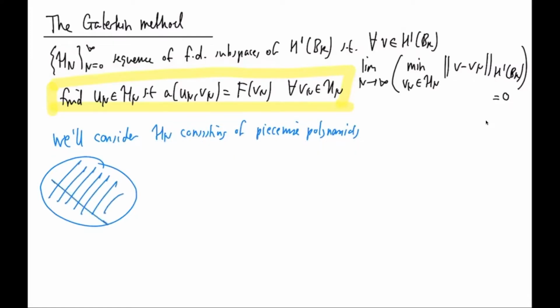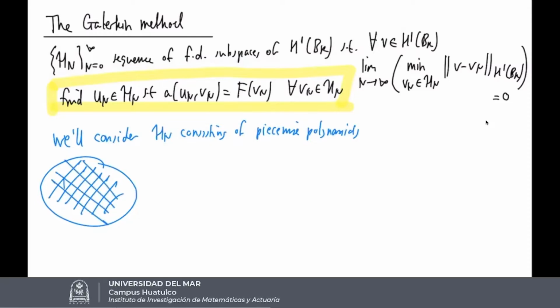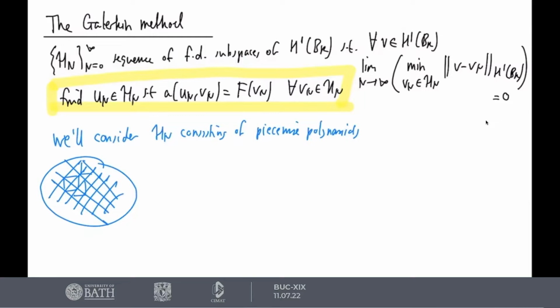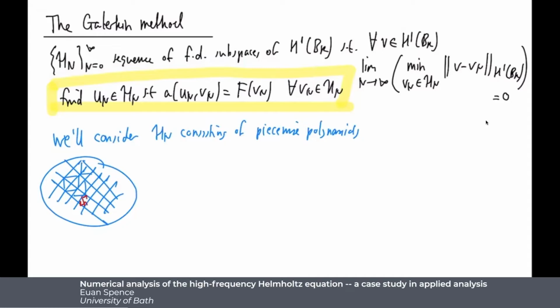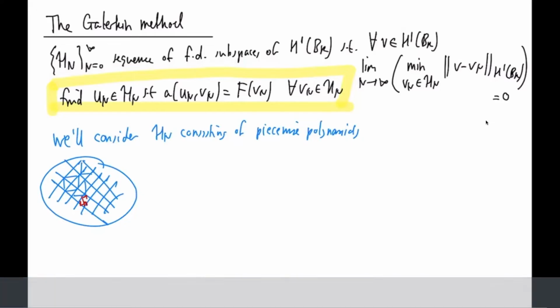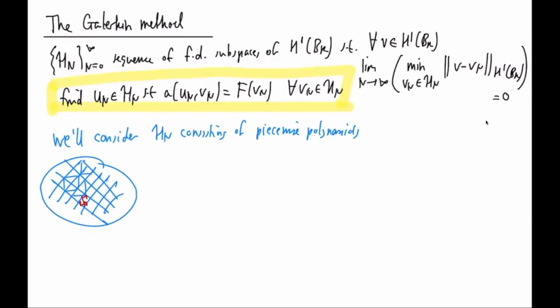In fact, people use triangles, so I'm going to chop it into lots of little triangles. You get the picture. This is then a mesh, and the diameters of the little pieces I'm going to call h. This is going to be called the mesh width, and I'm going to assume that all the pieces are roughly the same size, so this notion of a mesh width makes sense.